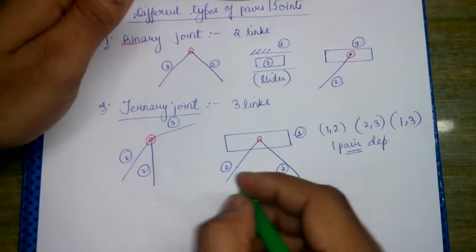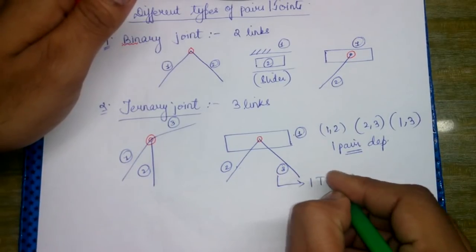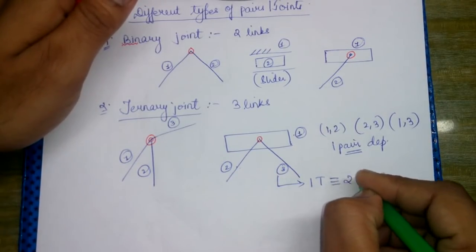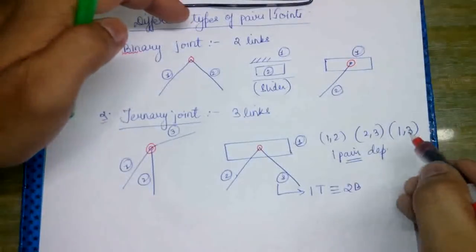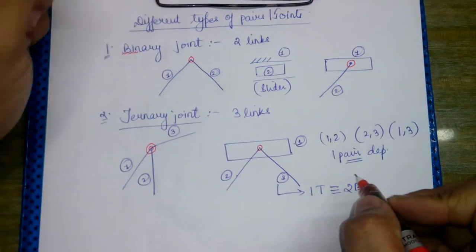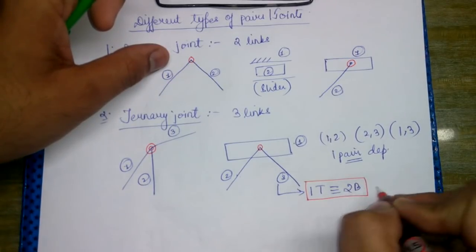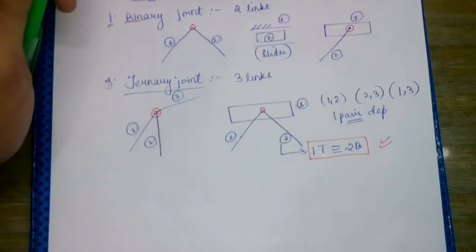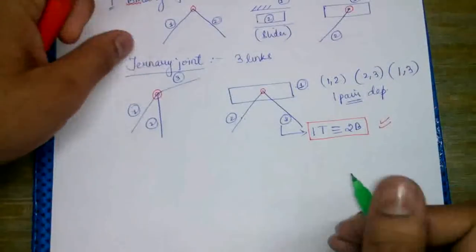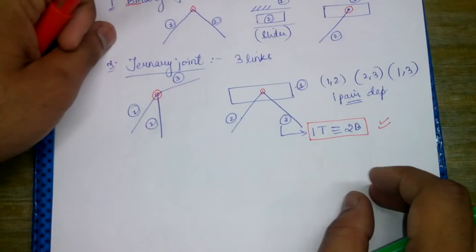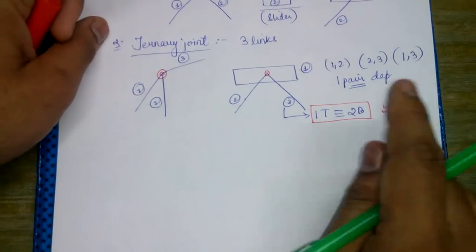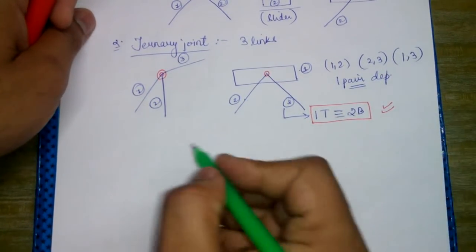So one ternary joint is equivalent to two binary joints. Since one of the pairs is dependent and the other two are independent, one ternary equals two binary joints. This is an important discussion. Only independent joints are considered; the dependent joint is not considered, and hence one ternary equals two binary.